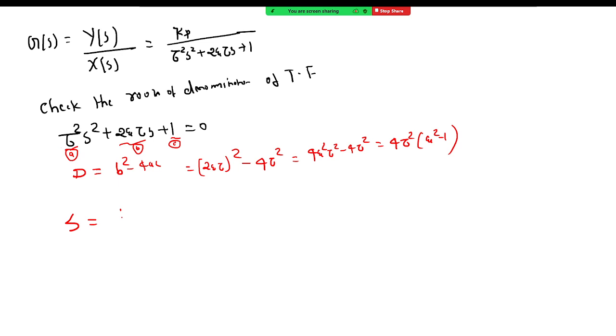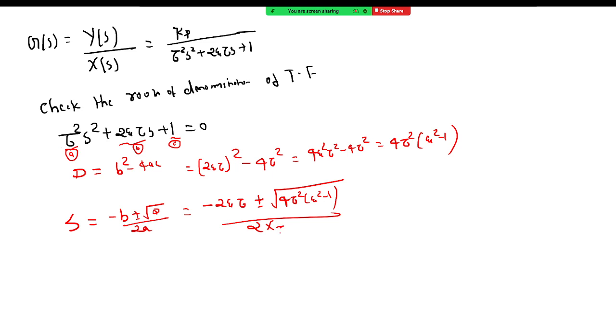That is, s equals minus b plus minus root D divided by 2a. So minus b, so minus 2 zeta tau plus minus root over 4 tau square (zeta square minus 1), divided by 2a, and a is equal to tau square. Fine.